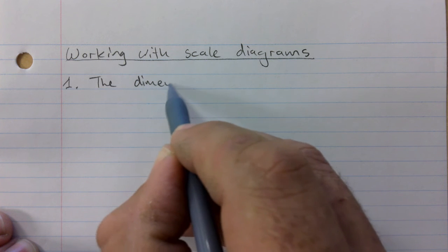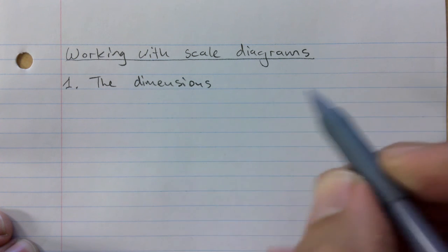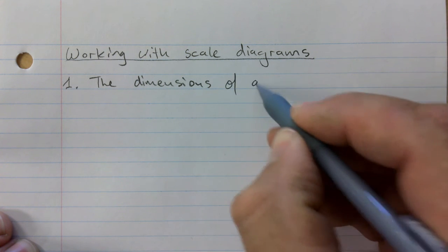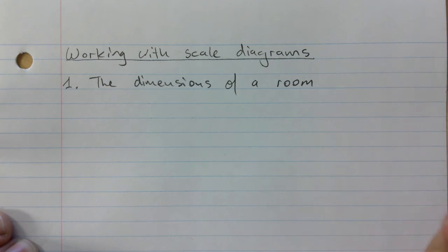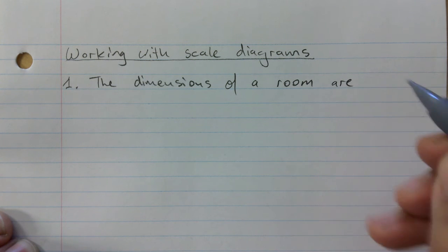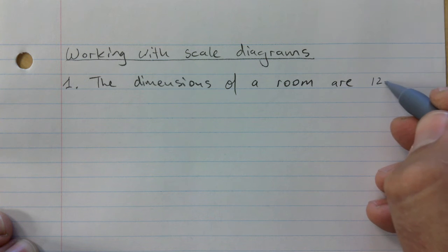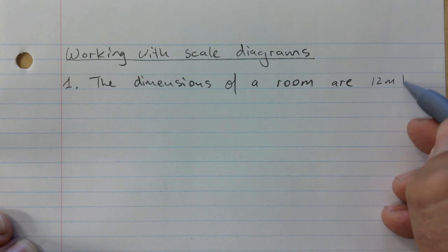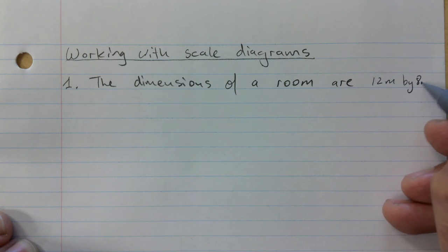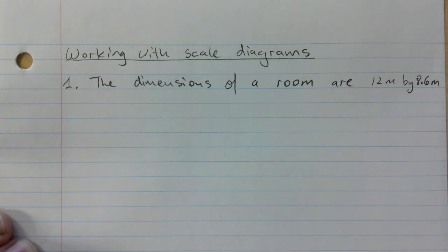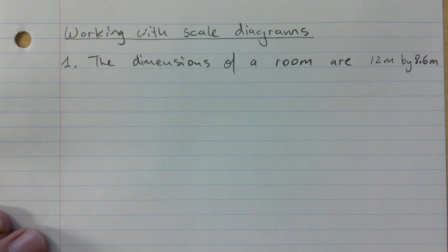The dimensions of a room are 12 meters by 8.6 meters. It's basically saying the room measures 12 by 8.6, right?